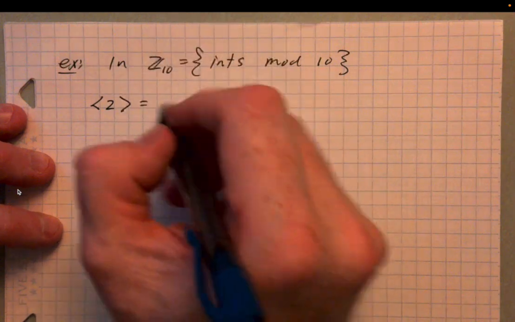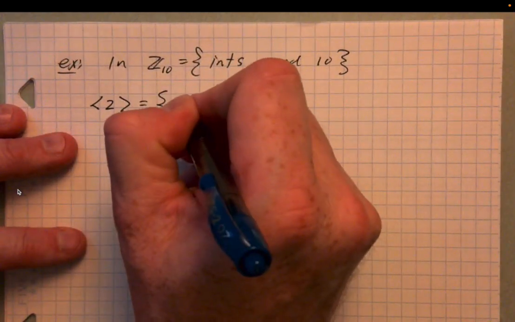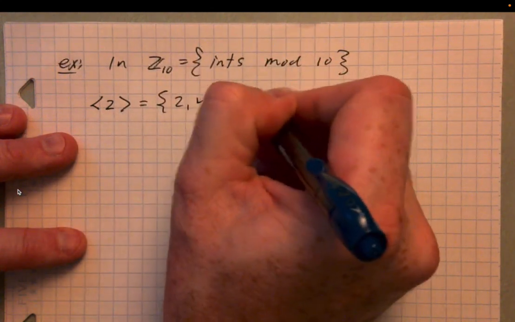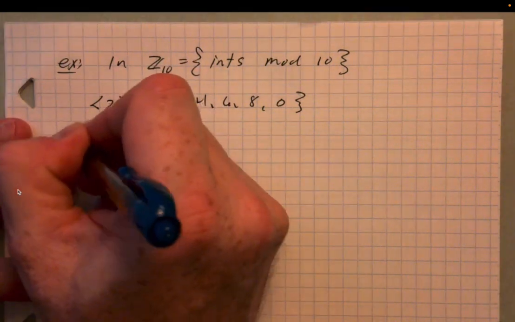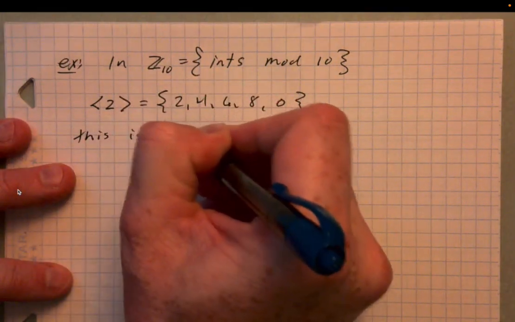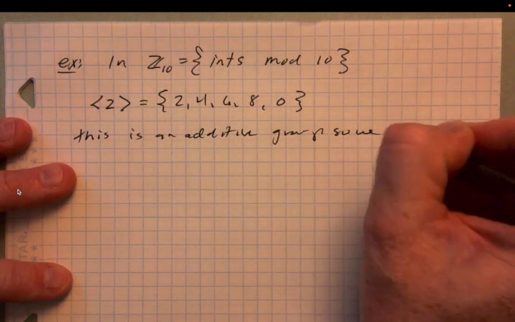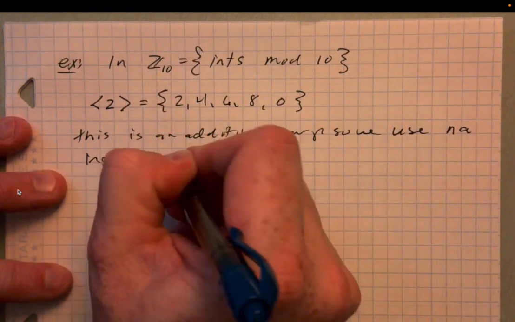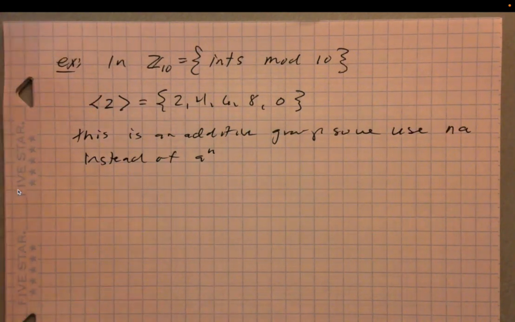Now, what you'll end up seeing, and I'll just tell you, but you can crank this out and see for yourself, this subgroup is 2, 4, 6, 8, and 0. All right, now this is an additive group, right? So keep in mind that this is an additive group, so we use n times a instead of a to the n. Okay, so just keep that in mind. But let's see what happens here.